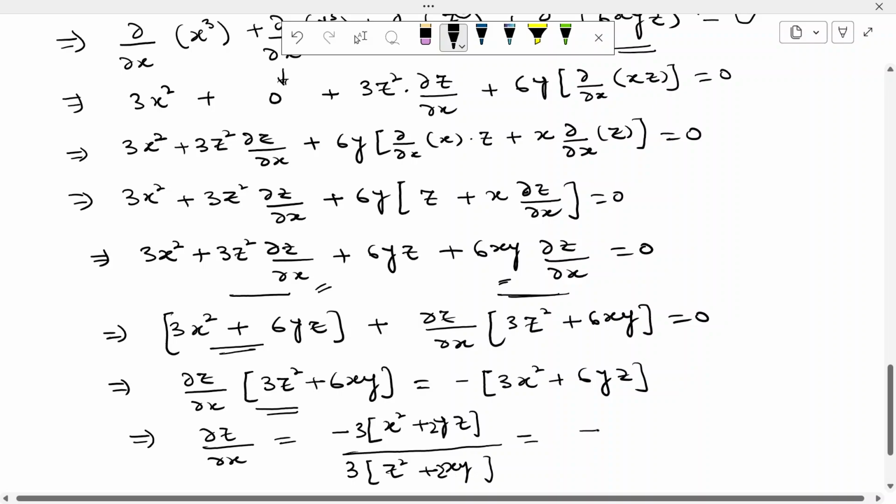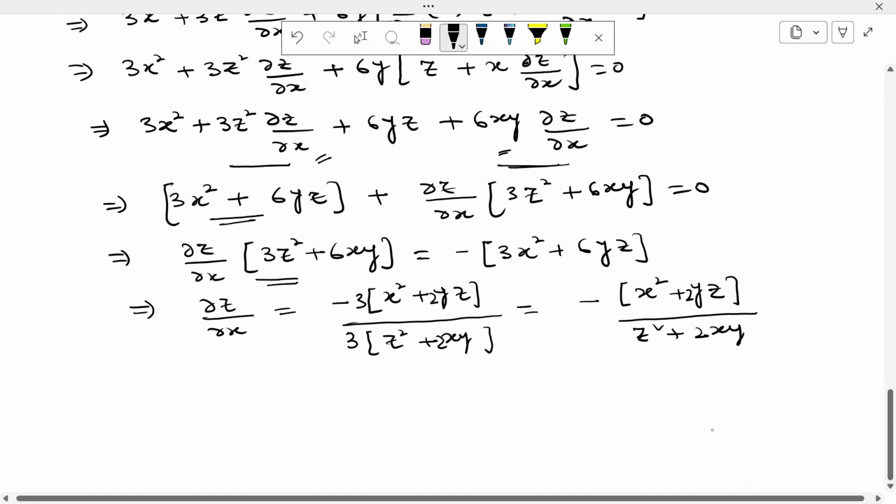So this is coming out as minus (x² + 2yz) upon (z² + 2xy). So this is the partial derivative of z with respect to x.